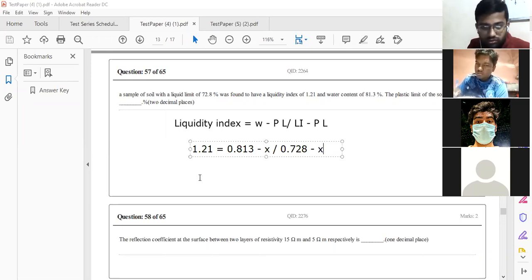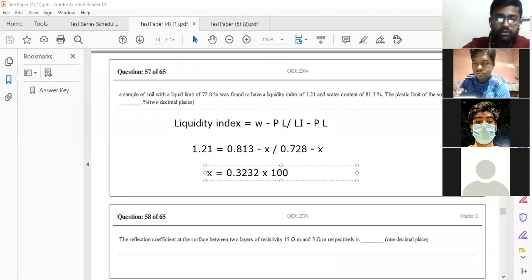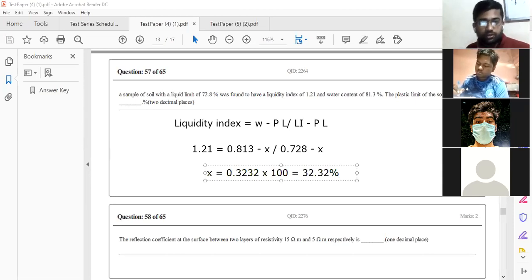We'll get X is equal to 0.3232. Percentage, multiplying this value with 100. So in the end, we will get 32.32%, round off to 32.33. Clear?